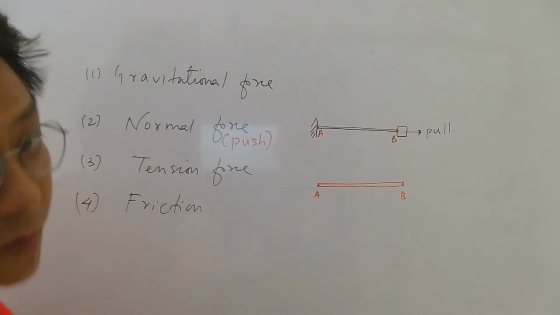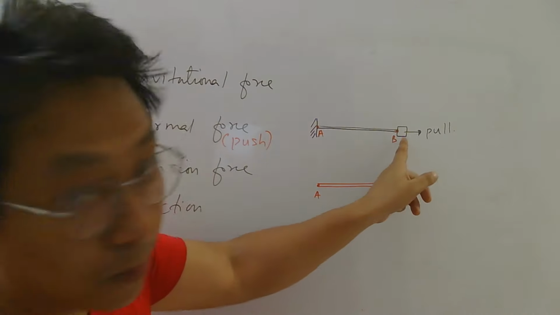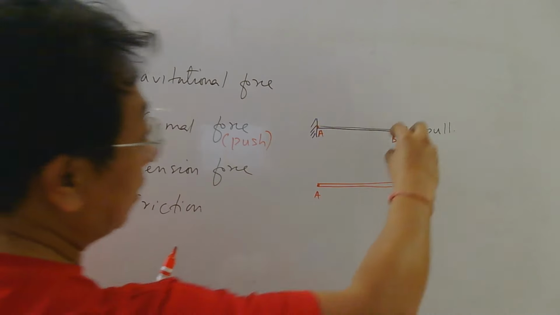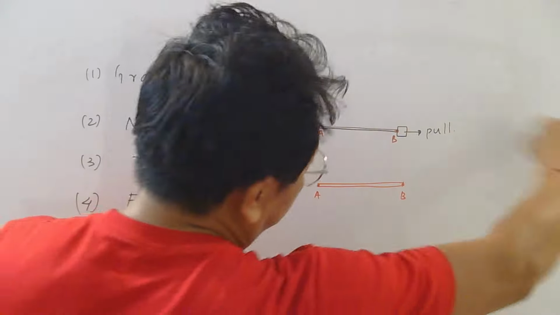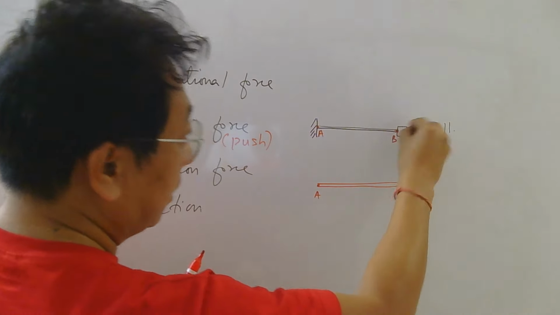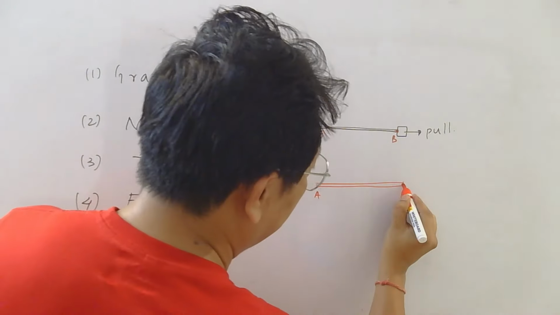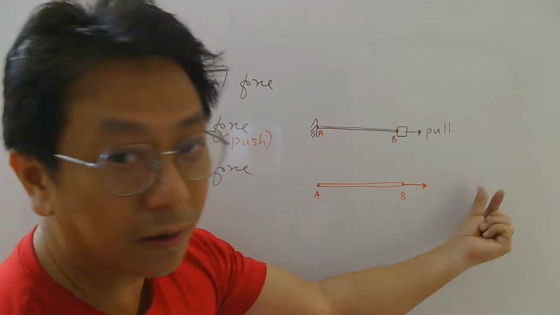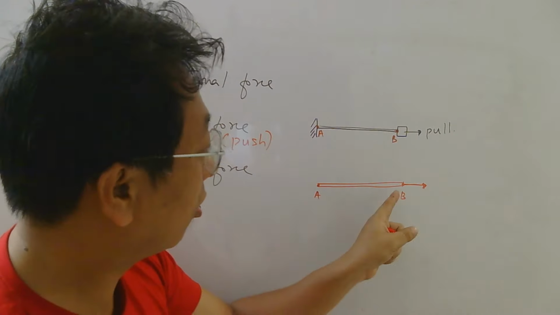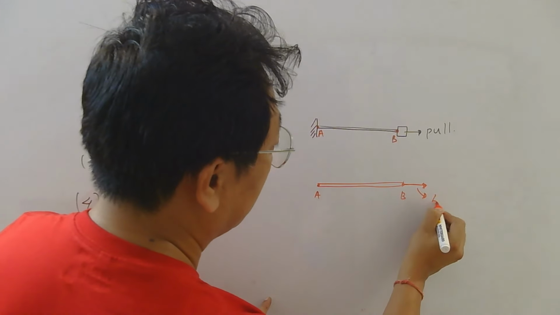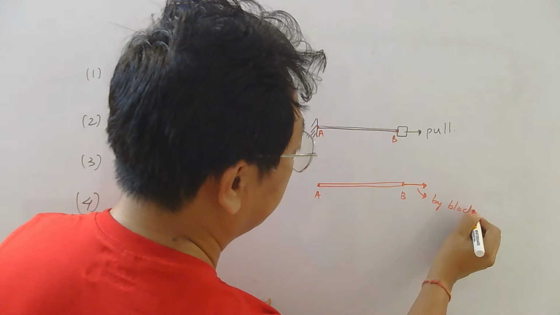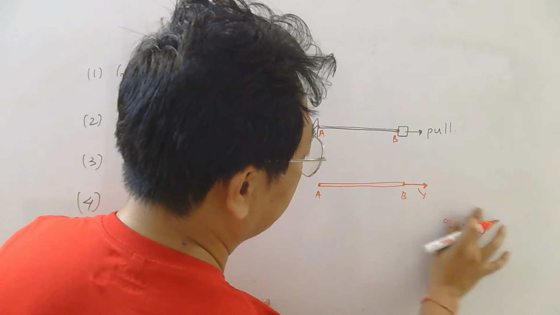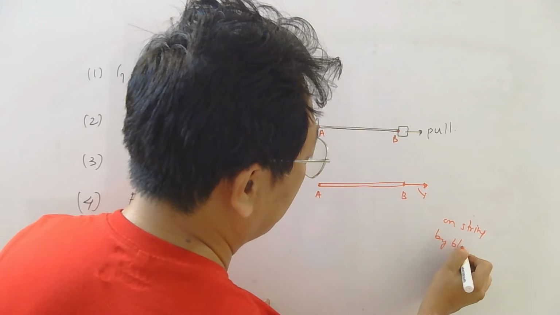Now point B of the string is in contact with the block, and wherever there is contact, there will be a contact force. So when I pull the block this way, the block will in turn pull the string this side, isn't it? So this is the pulling by the block on the string, on string by block.